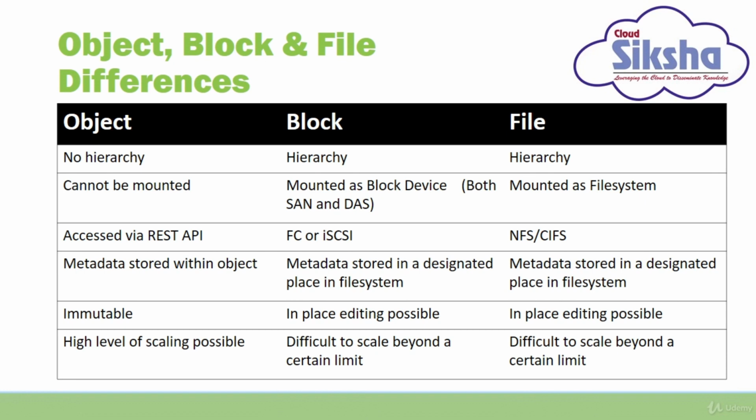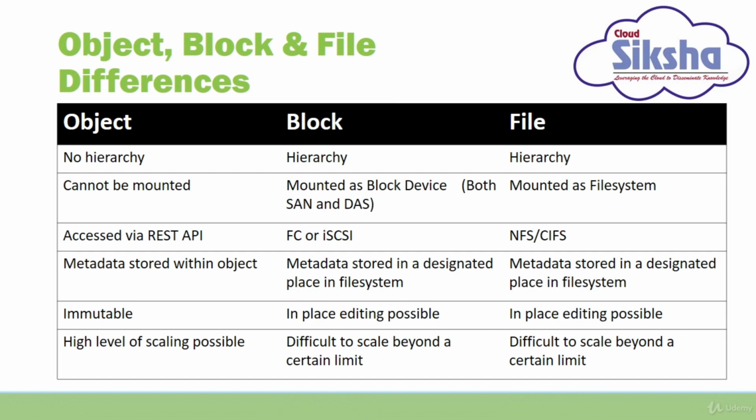Now, block and file, the scaling that is possible, that is the number of files: if you keep on putting more and more into the block and file devices, after a certain time you will see a drop in efficiency because they have a hierarchy and you have to search for every file through the hierarchy, which could take a long time.